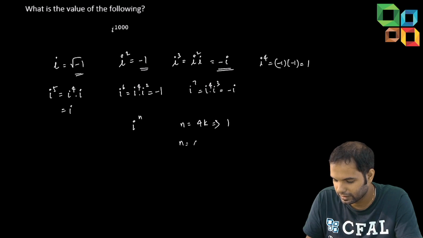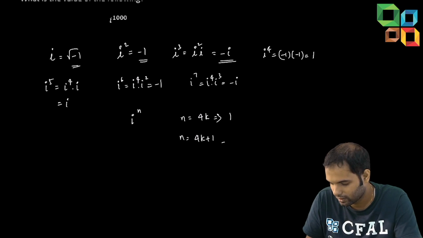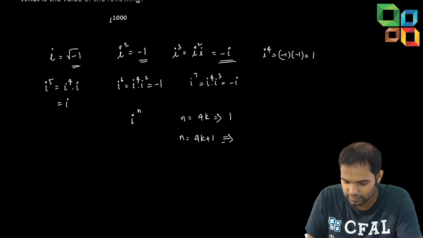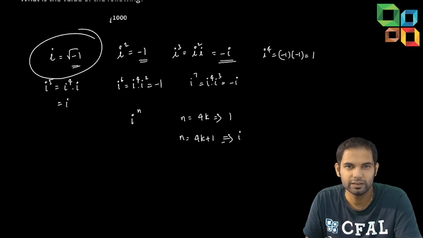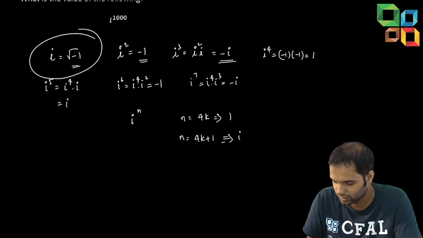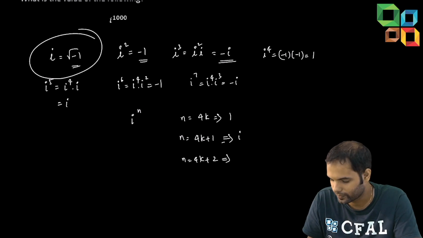If when I divide by 4 the remainder is 1, or the number is in the form 4k plus 1, which is this case, the number I get is i itself. Suppose the number is in the form 4k plus 2, or the remainder is 2 when I divide by 4, it is i square or minus 1. If it's 4k plus 3, that is minus i.